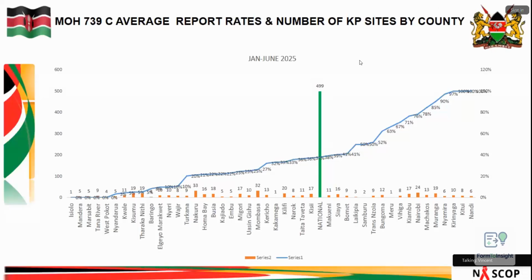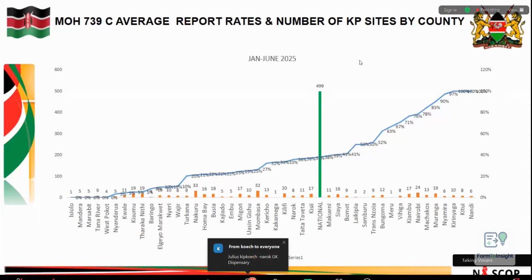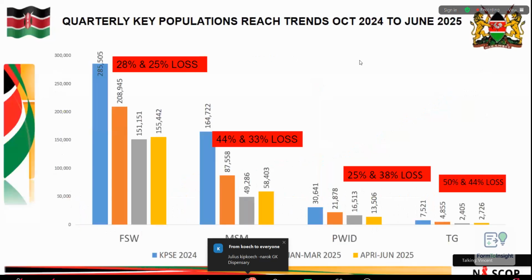So you find that only Nandi, Kitui, Kirinyaga, and Nyamira are doing 100% reported for this data set, while the rest of the counties are still struggling, with Isiolo, Mandera, Marsabit, Tana River, Nyandarua, and West Pokot doing 0%.